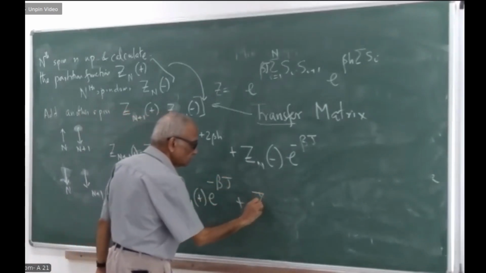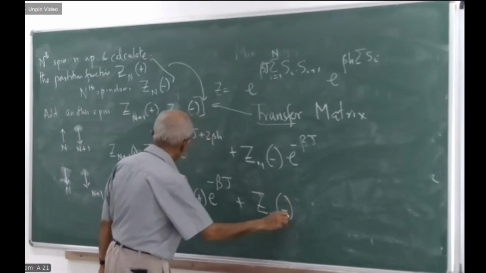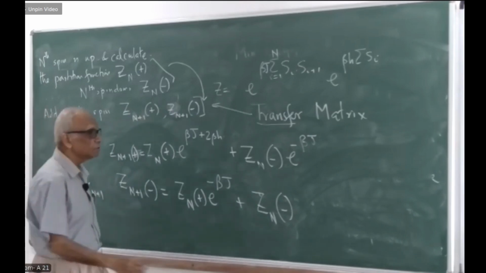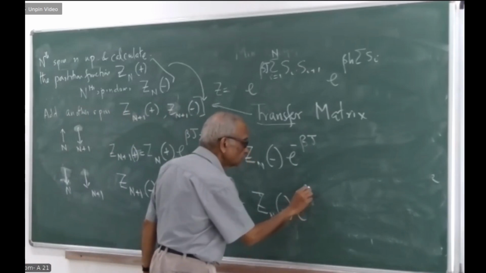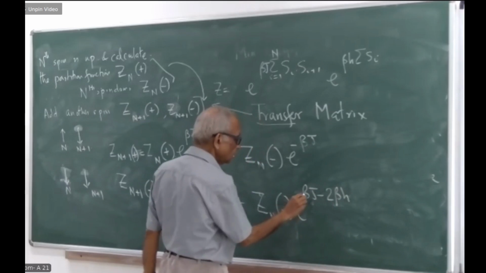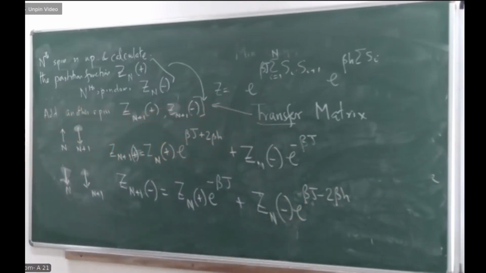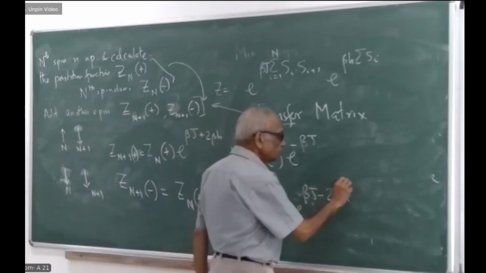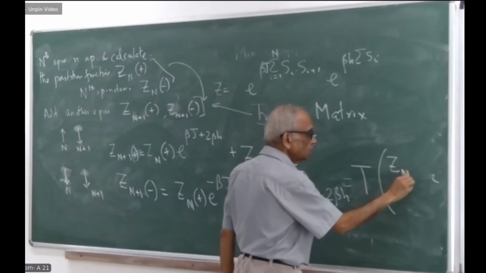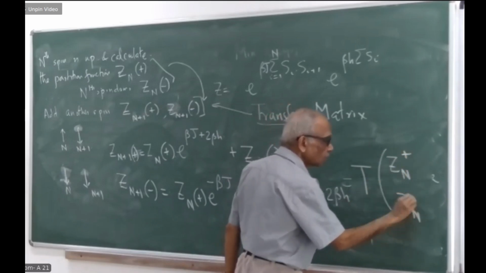And when it is Zn minus, then it is e to the power beta J, and then it is minus 2 beta h, right? So e to the power minus beta J minus 2 beta H, plus beta J minus 2 beta H. So this column vector, if I think of this as a column vector, this is equal to a 2 by 2 matrix, which is my transfer matrix, times Zn plus this column vector.